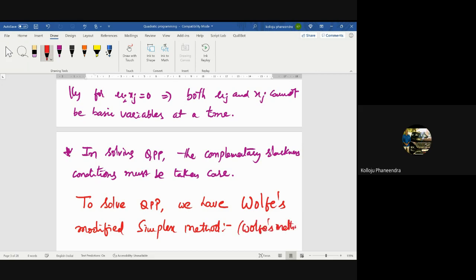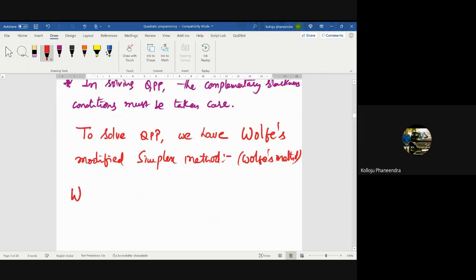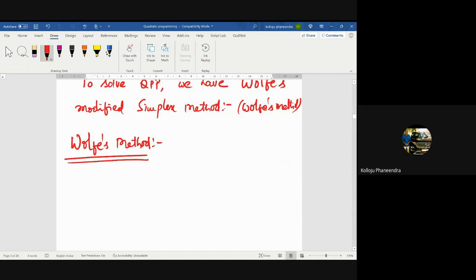Now, let us see what the method is. If there are any doubts in this theory, you can raise questions. And you have to remember the steps definitely in solving a quadratic programming problem.